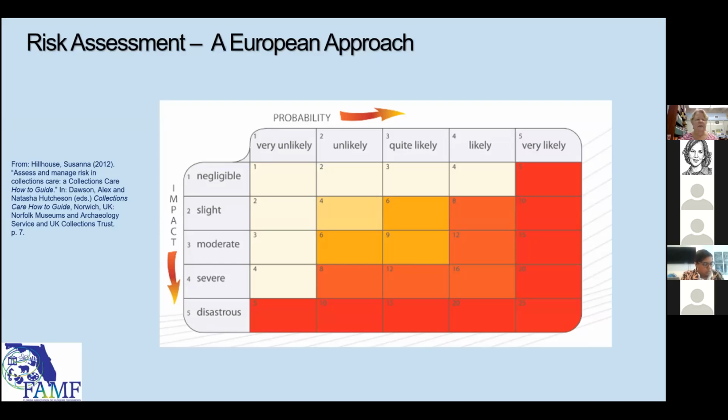So you can see in this chart that a disastrous impact with a high probability is very damaging, and that's something that should be planned for. So you can see that anything in these categories is high risk and has a potential for large amounts of damage.